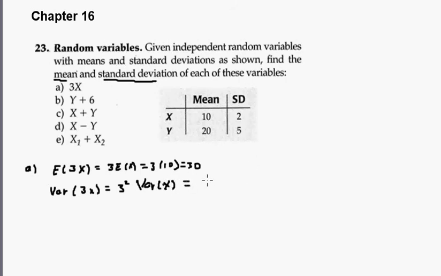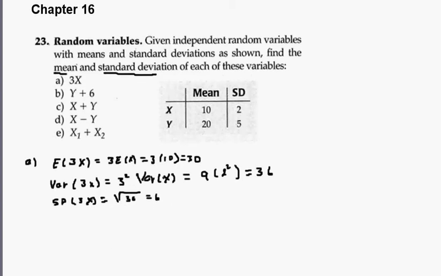So that's going to be 9 times, well, the variance of x is the standard deviation squared, so 2 squared. So that's going to be 4 times 9 is 36. So the standard deviation of 3x is the square root of 36, which is 6. Okay, so that's the first one.